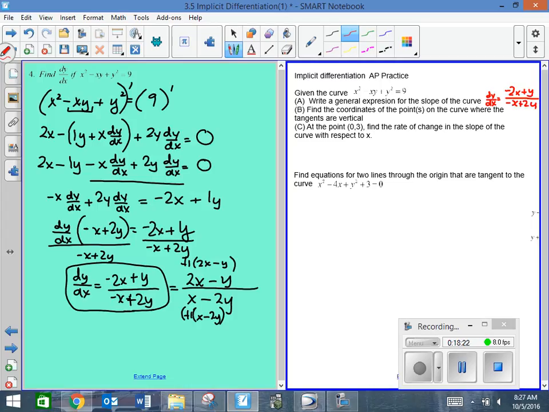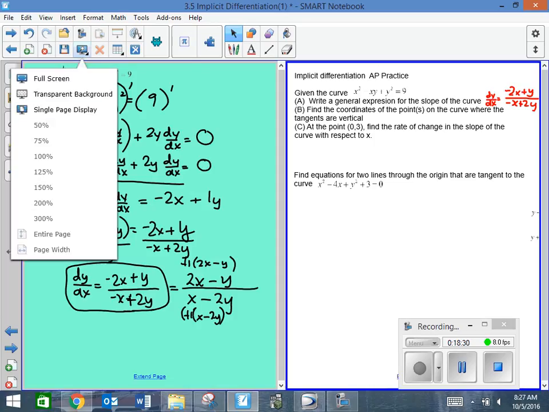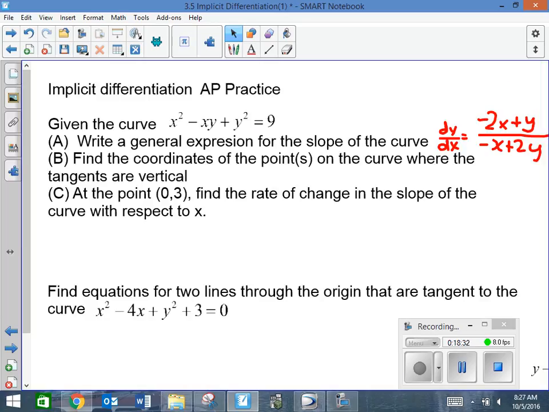All right. Find the coordinates of the points on the curve where the tangents are vertical. What does that mean? Vertical tangents means what is happening as far as the slope goes?